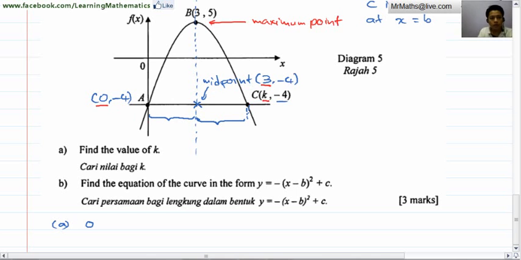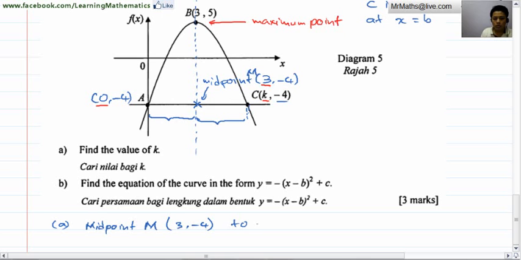Let me just delete this for now. Okay, midpoint M. Let me just give it a name, M. Midpoint M is 3, -4.